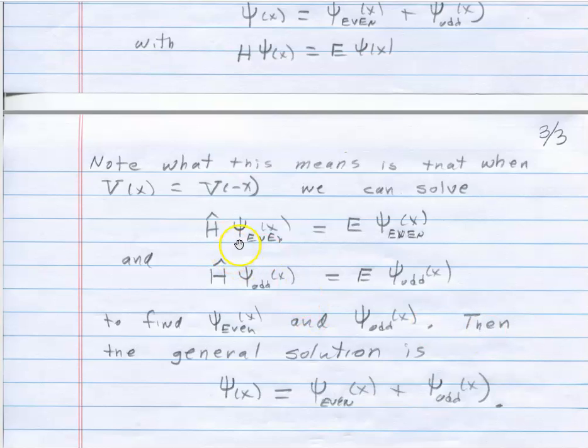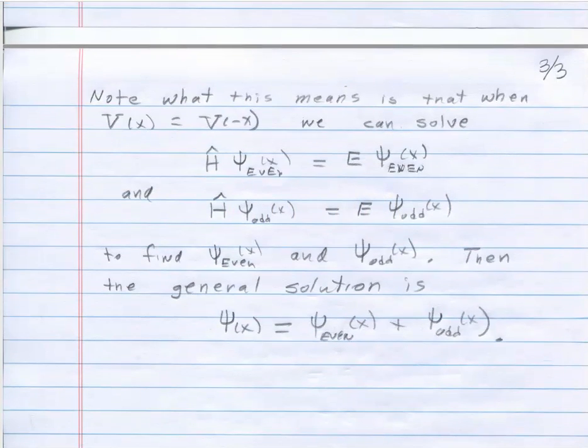So the way this theorem is really used is that we take a given Hamiltonian. It has to have an even potential energy, that is, the potential energy as a function of x is an even function. And we solve for the even part by solving this equation, and then we solve for an odd function that satisfies it. Then to get the general solution, we just take a linear combination of psi even and psi odd to get the full solution.